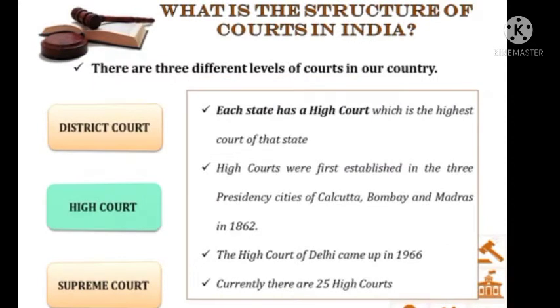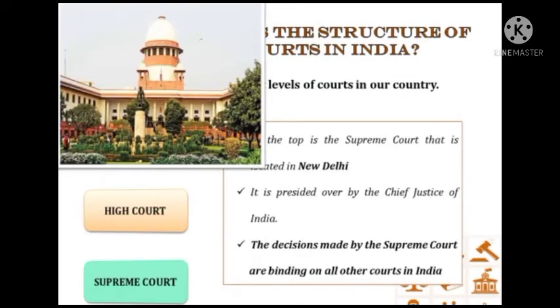Each state has a high court, which is the highest court of the state. At the top is the Supreme Court, located in New Delhi and presided over by the Chief Justice of India. The decisions made by the Supreme Court are binding on all other courts in India.